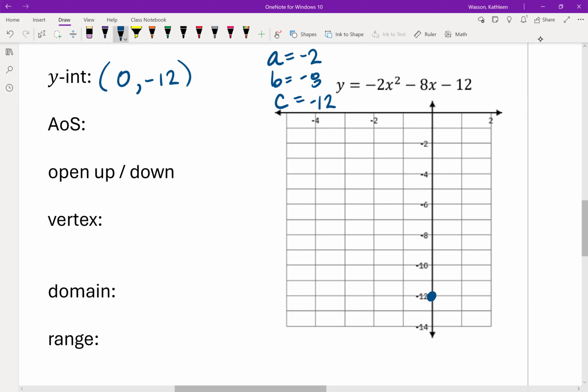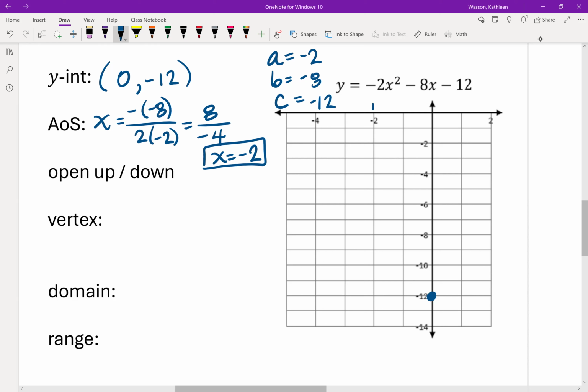My axis of symmetry is found by solving this equation, x equals -b, so I'll put a -8 in here, divided by 2 times a, and a is -2. -8 is 8. 2 times -2 is -4. This can be reduced. X is equal to -2. This is my axis of symmetry, a vertical line marked where x is -2.